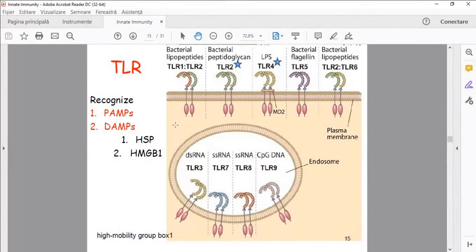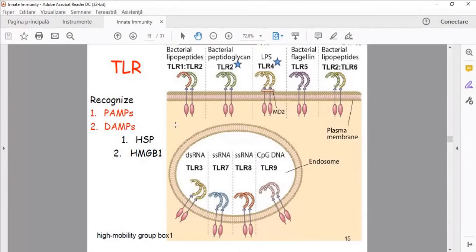Their distribution related to the cellular membrane. There are 9 toll-like receptors which are very well characterized from the point of view of their membrane distribution.